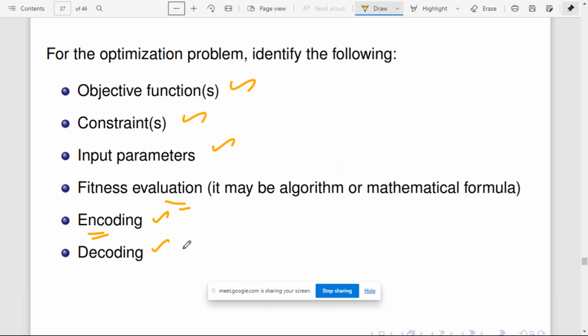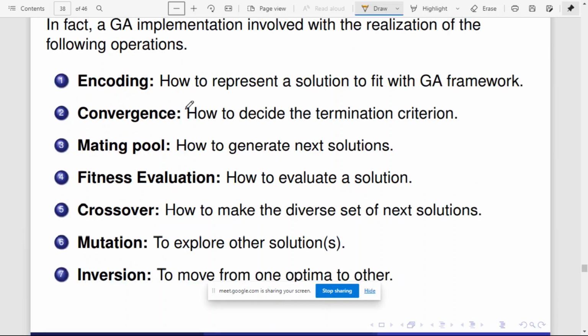Then the output should be converted to a form understandable by the real world. That is called decoding. So encoding means converting the input to a form understandable by the genetic algorithm, and decoding means converting the result produced by the genetic algorithm to a form understandable by the real world. All these things are defined here.